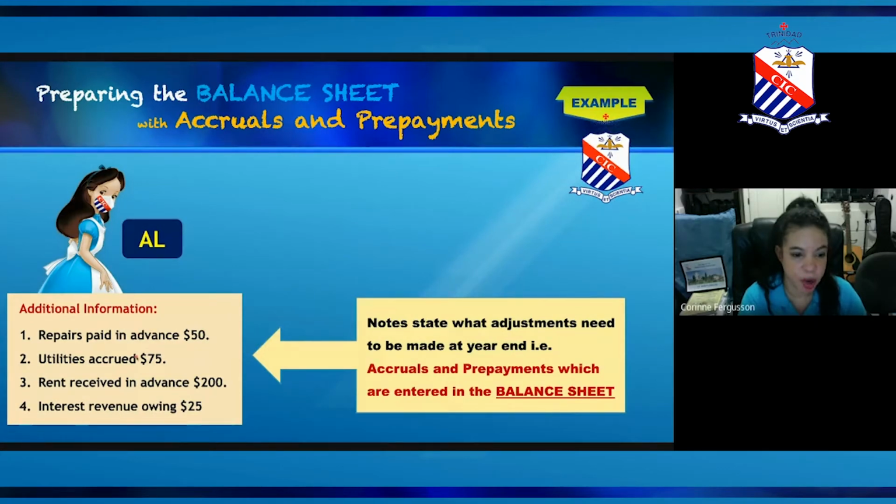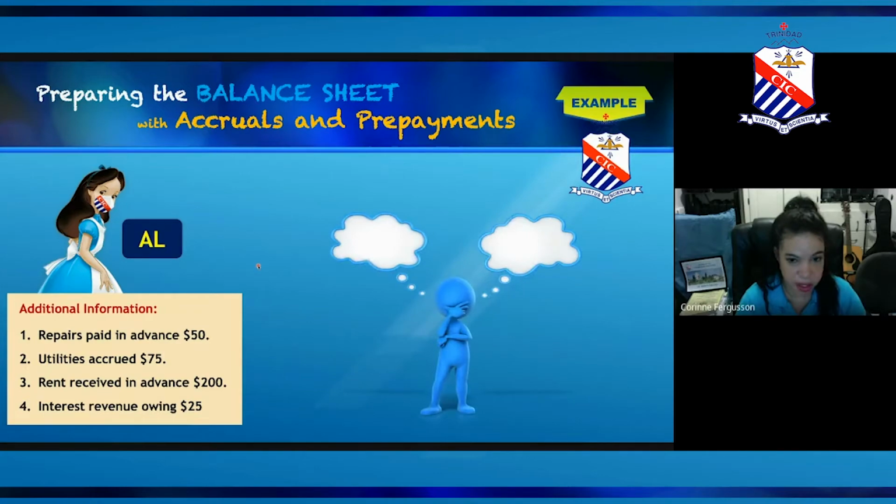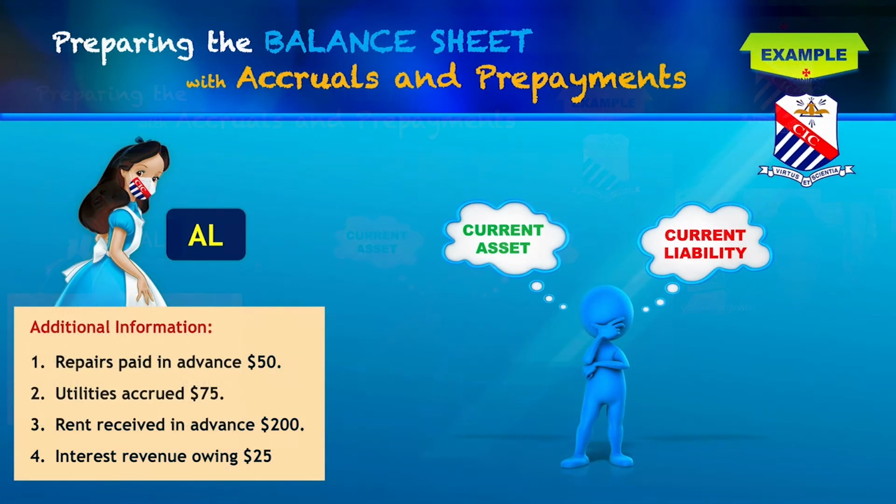And we have four of them. We would have done the lesson where we identified each of them in terms of whether they were a current asset or a current liability.